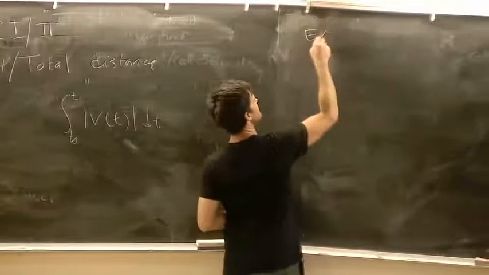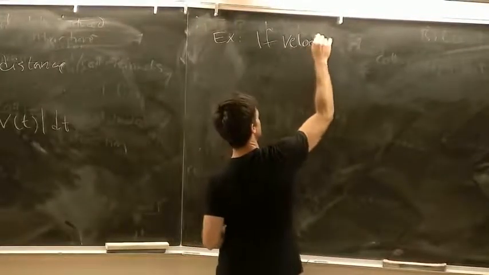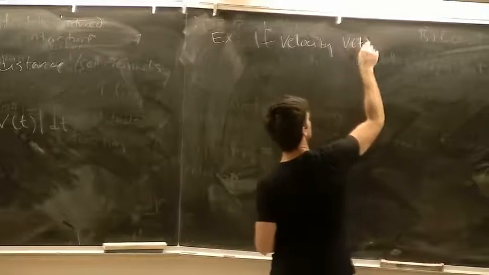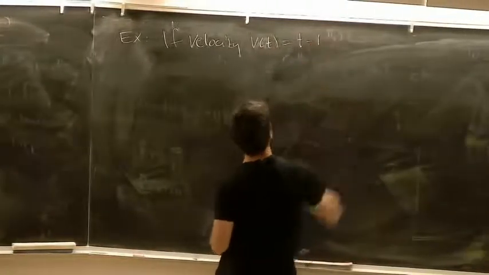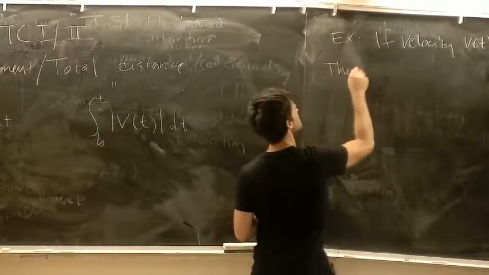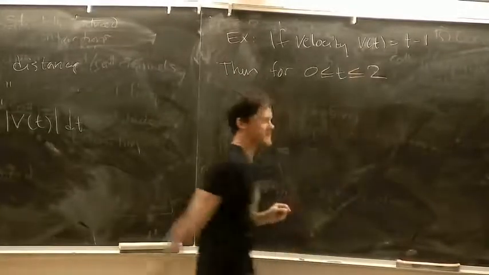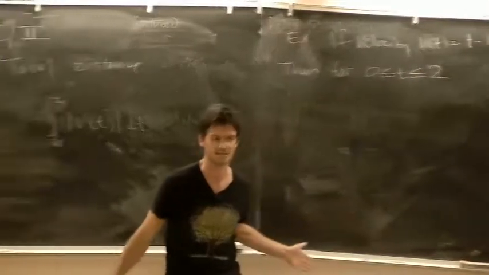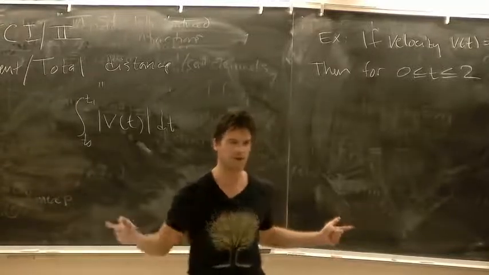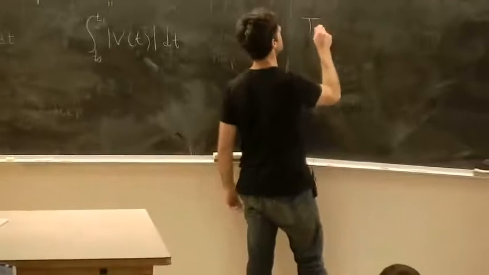For example, if your velocity v of t was t minus 1, then for the first 2 seconds, what was your displacement, and what was your total distance? Well, let's just do total distance.